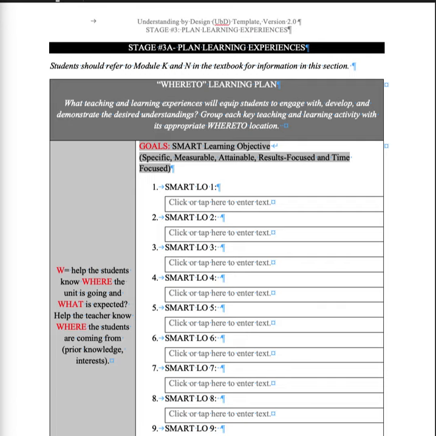The first E is equip your students and help them experience the key ideas and explore the issues. R is rethink, revise, and refine. The second E is evaluate. The T, tailored to differentiate learning. And the O is organized towards learner-centered strategies.